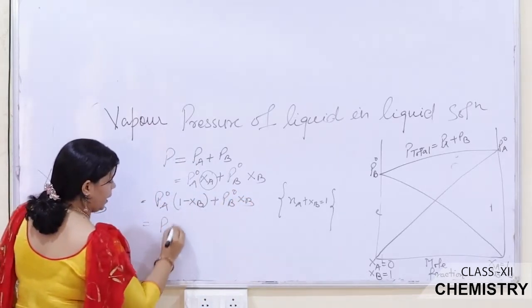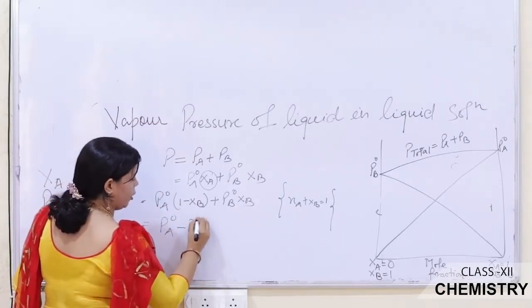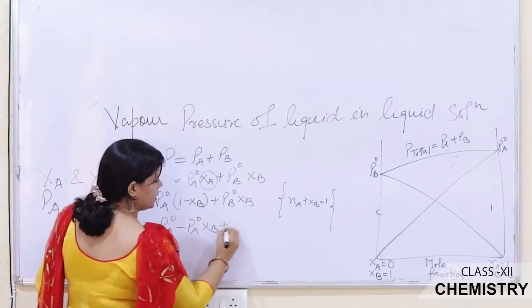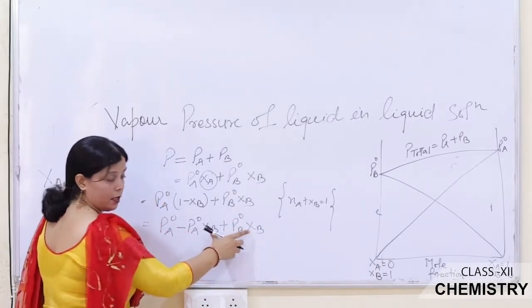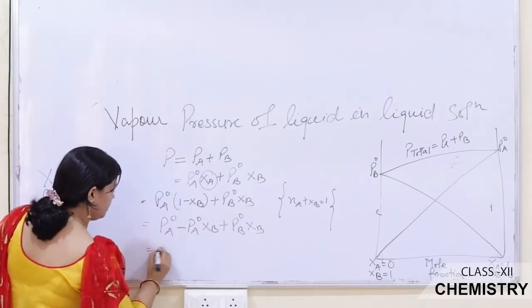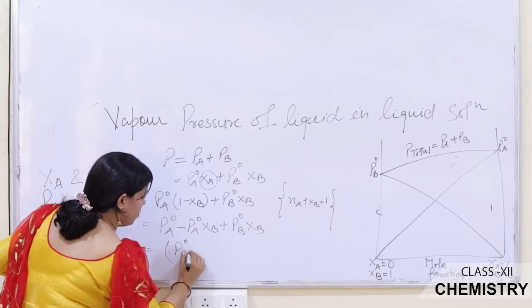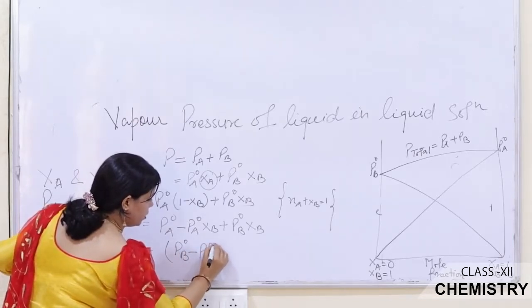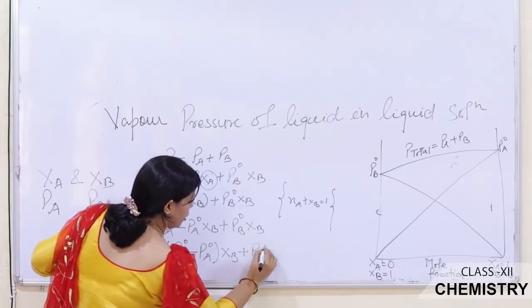Multiplying out, we get Pa naught - Pa naught Xb + Pb naught Xb. In these terms Xb is common, so we get (Pb naught - Pa naught) Xb + Pa naught.